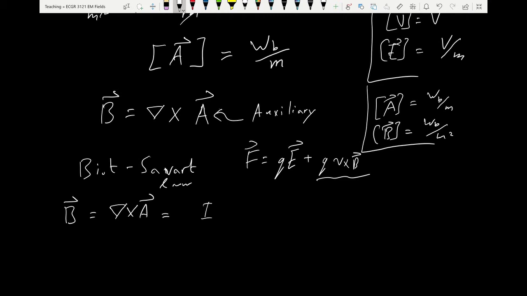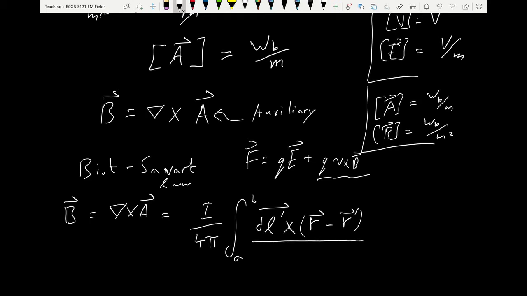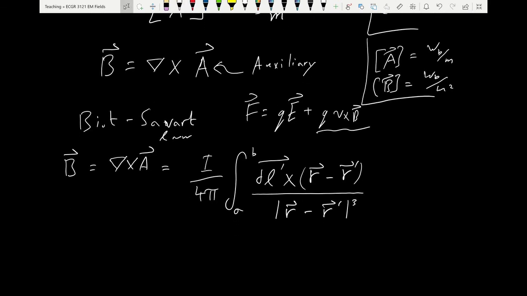H is I over 4 pi, integral from point A to B. Let's say we have a current element, dl prime, this is the displacement along the wire filament, cross R minus R prime, over the magnitude of R minus R prime cubed. Of course, I have B here instead of H, so I have to put mu here.